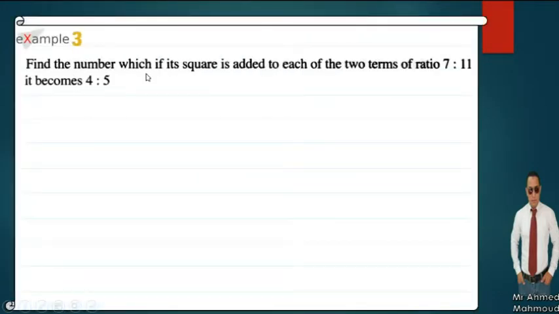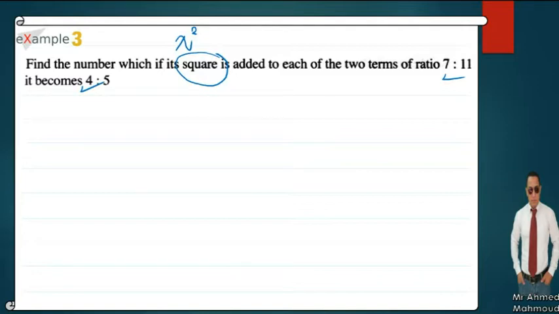Find the number whose square, if the number is x, then its square is x², added to each of the two terms of the ratio 7 to 11, becomes 4 to 5.